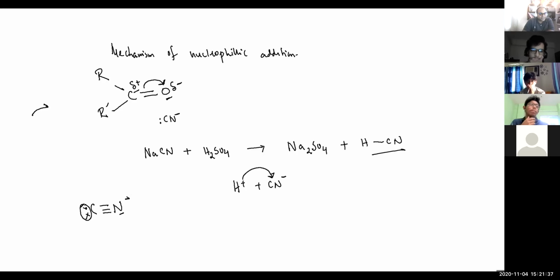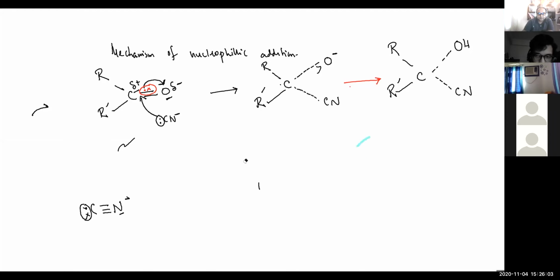Hydrogen cyanide is not an ionic compound. Neither is it a strong acid. But if you can form a cyanide ion, it is a good nucleophile. So hydrogen cyanide dissociates very poorly.